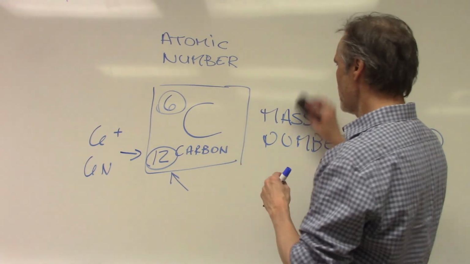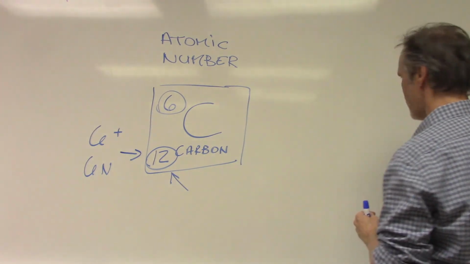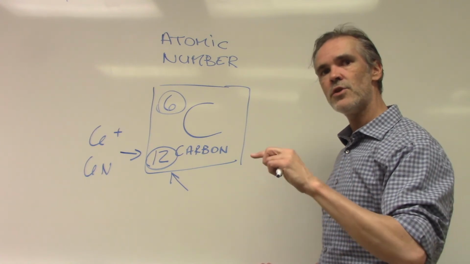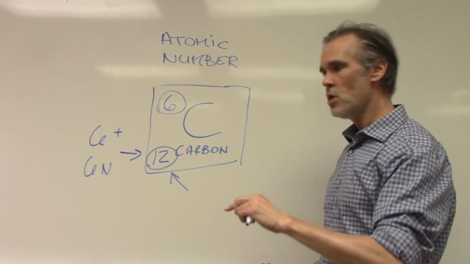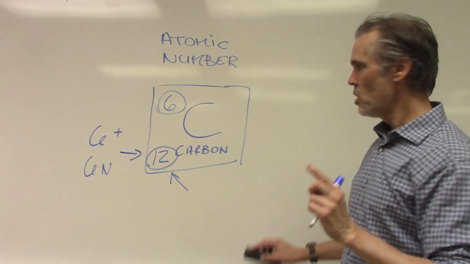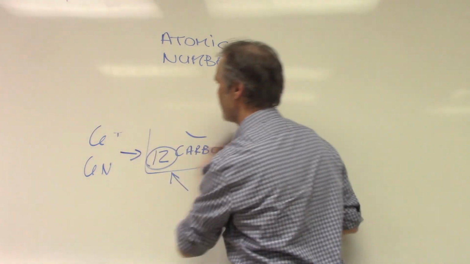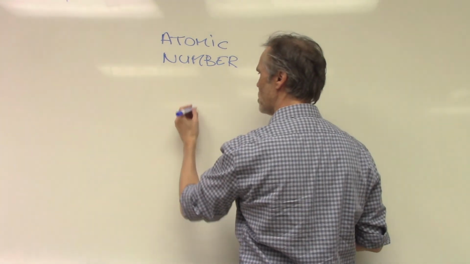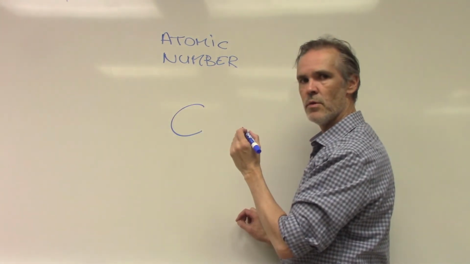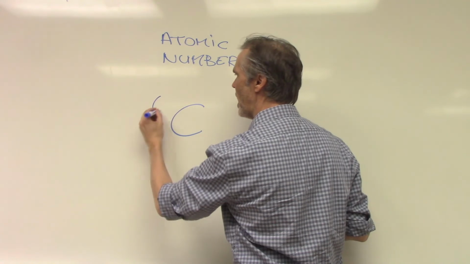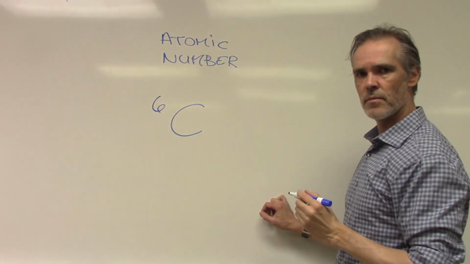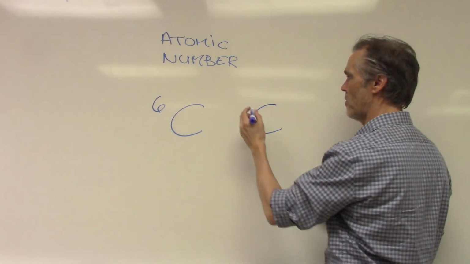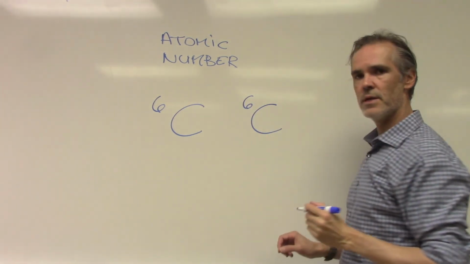But it is possible for a carbon atom to have a different number of neutrons. So basically, we could have carbon, that's a symbol for carbon, with an atomic number of 6. And then it is possible for another atom of carbon to have the same atomic number.